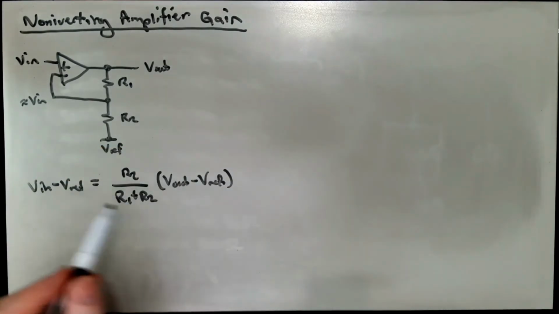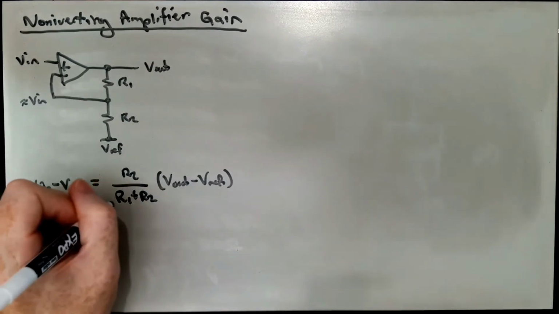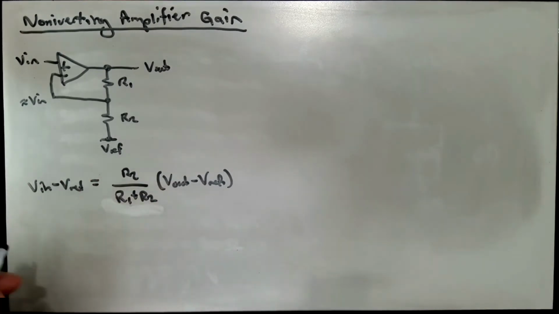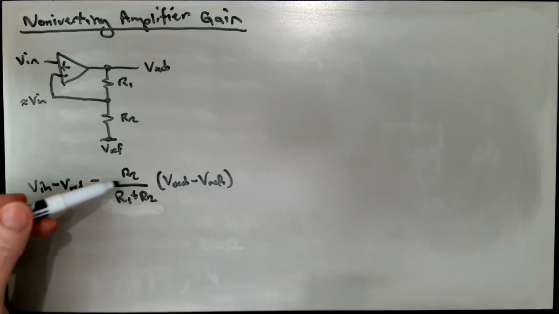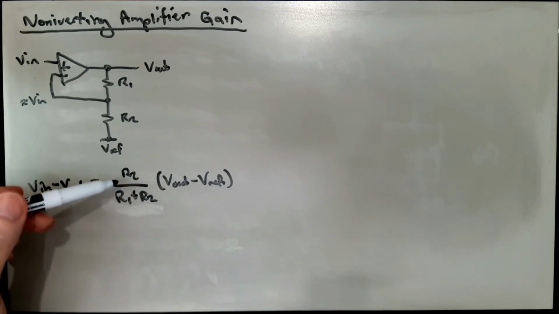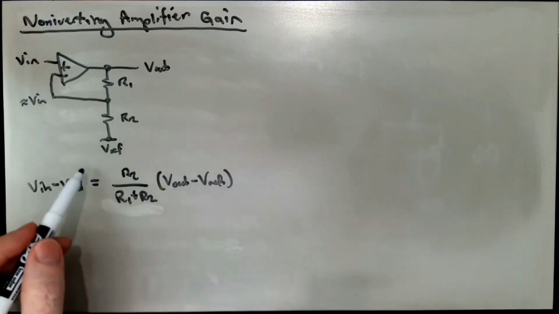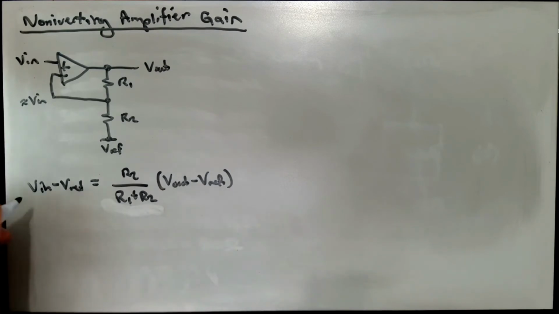And we can rearrange this and solve for V out. To solve for V out, we multiply both sides by the reciprocal of this voltage divider ratio, and we can add V ref to both sides to isolate V out.